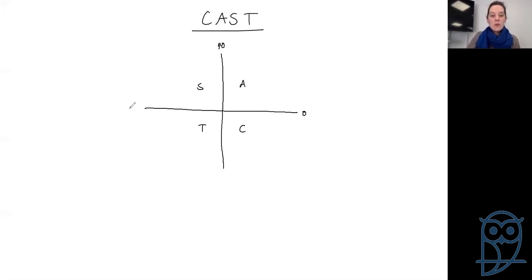From 90 to 180, or pi over 2 to pi, only sine is positive. From 180 to 270, from pi to 3 pi over 2, only tan is positive. Then from 270 up to 360 again, so full rotation, 3 pi over 2 all the way to 2 pi, only cos is positive.